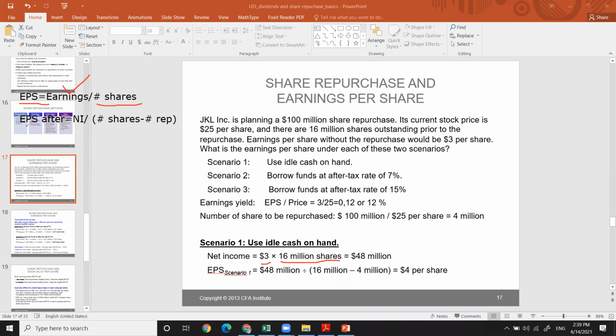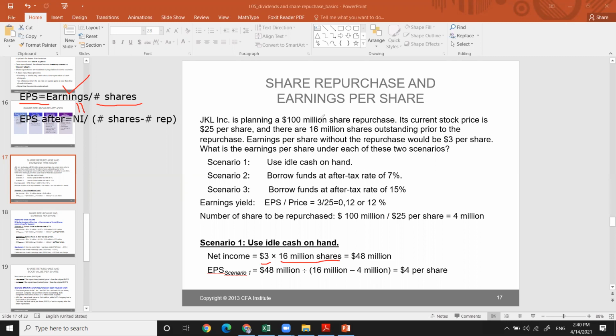Then, once we have the earnings, which are exactly the same thing as net income, we estimate the EPS after. We are given the number of shares to repurchase: $100 million will be repurchased, and each stock will cost $25.